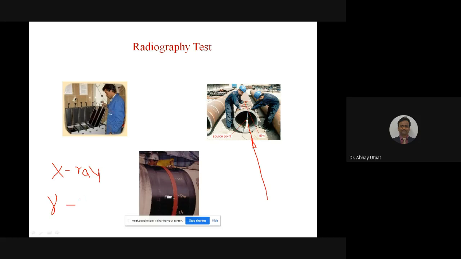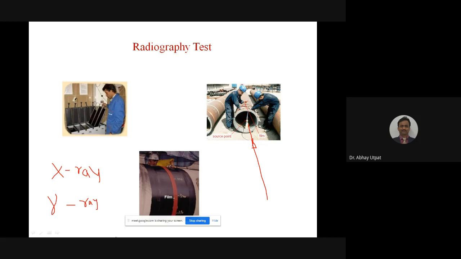Gamma ray radiography is radioactive element is used for producing gamma rays, and X-ray tubes are used for creating the X-rays. So there is a difference between X-ray and gamma ray. Gamma rays are produced by radioactive element. That's why they are spreading all over the area.